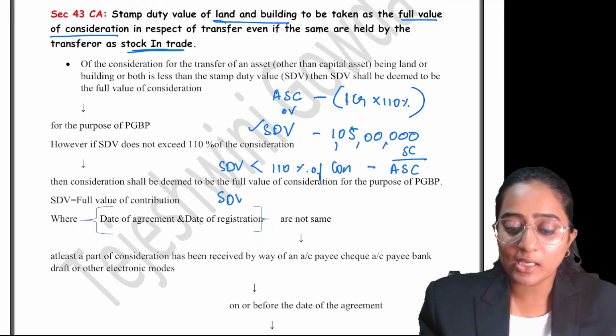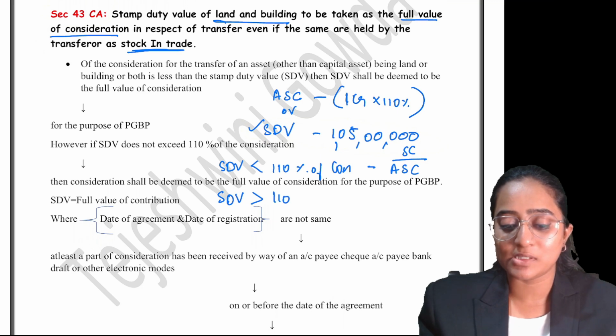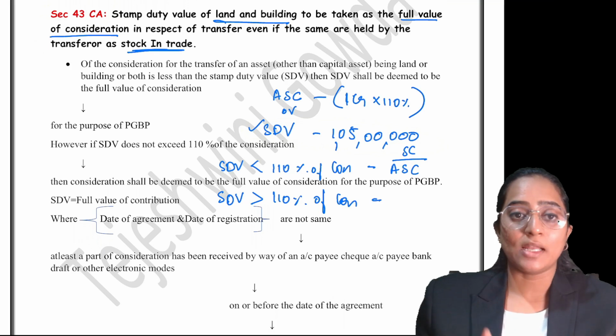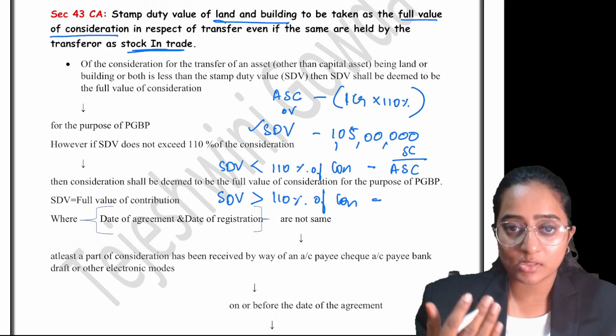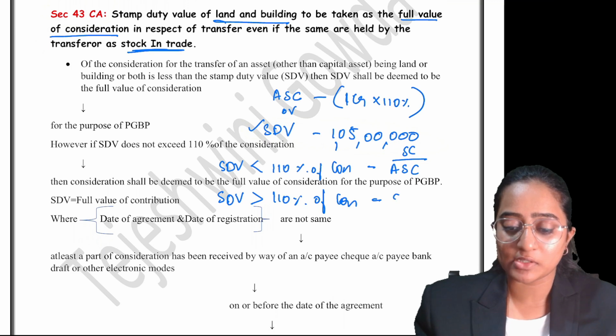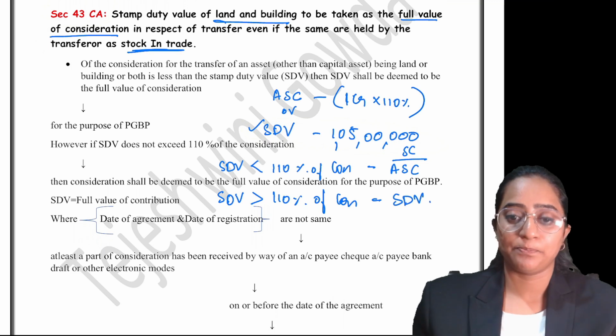If your SDV is greater than 110% of the consideration, then the sale consideration that you are going to consider is nothing but your SDV.